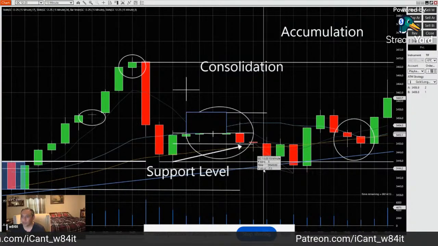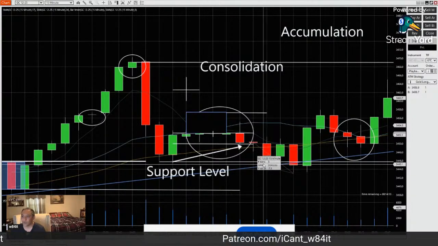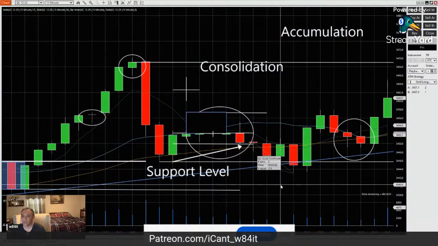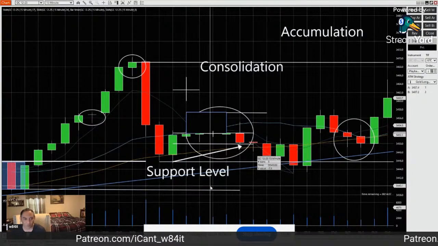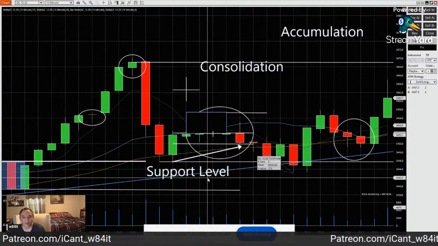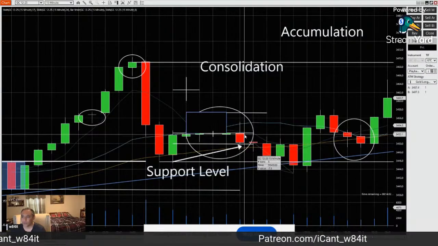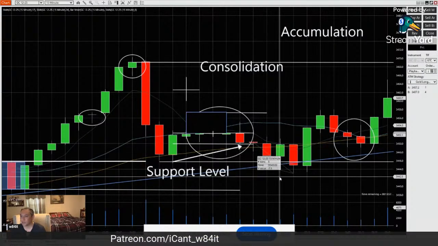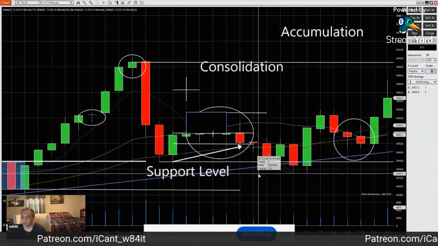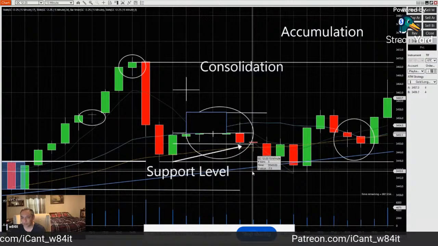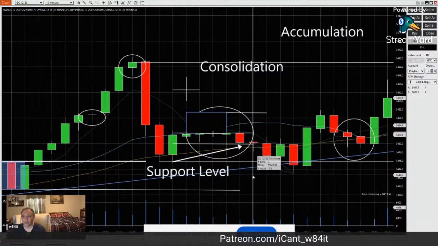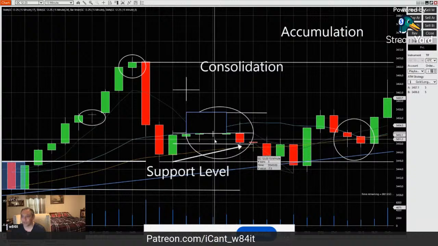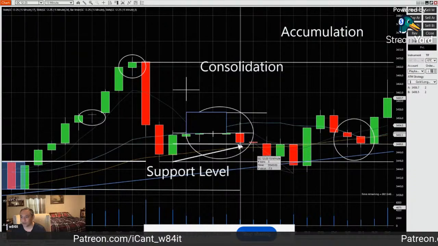So in 7.3 you have 73 ticks to the downside. Gold pays $10 per tick, so if you were to short from this level down to there, you would have made $730.